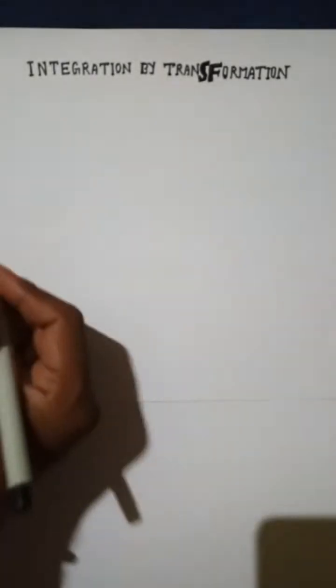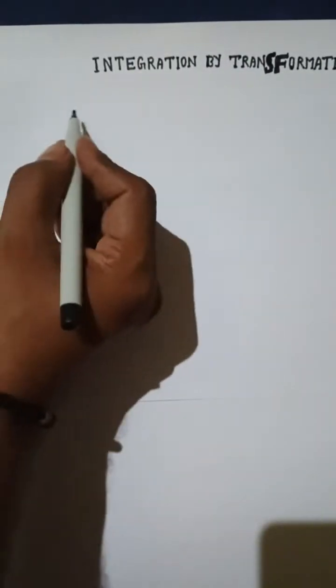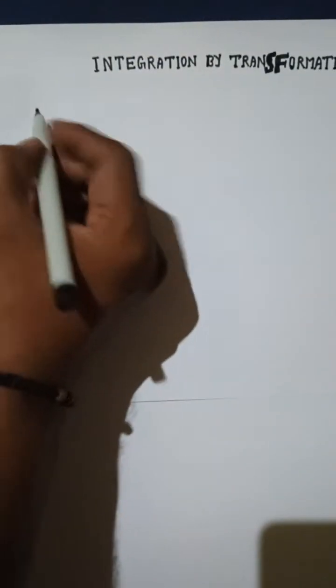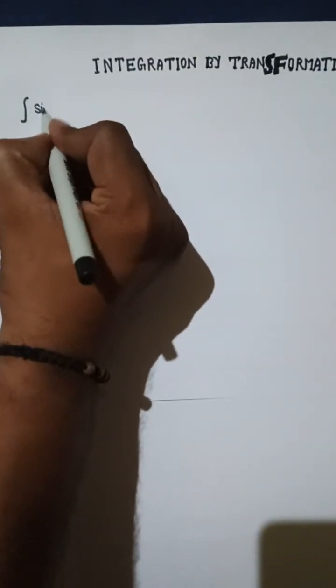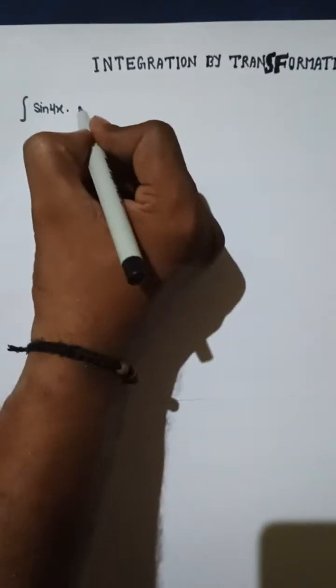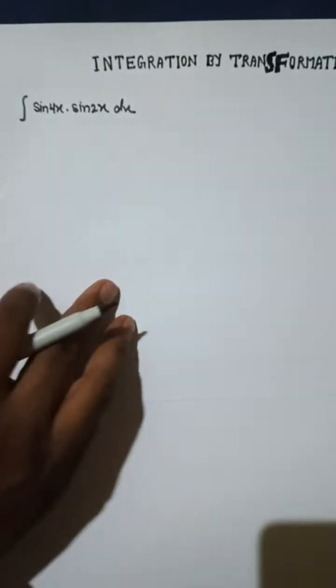Okay, so let's start. I have one question, that is sine 4x into sine 2x. Here I have one question, that is integration of sine 4x into sine 2x into dx.